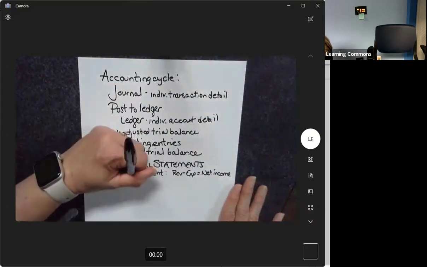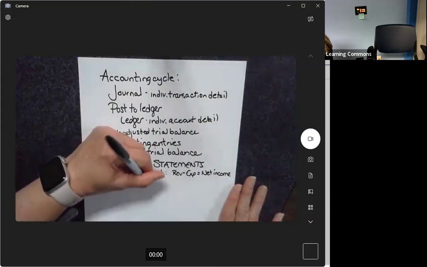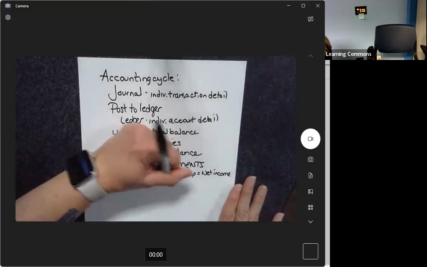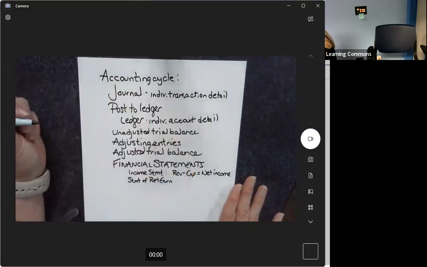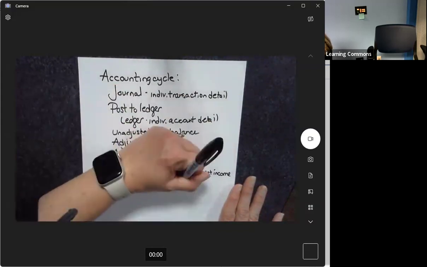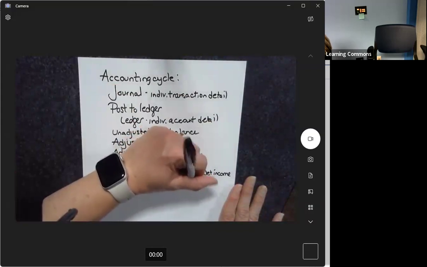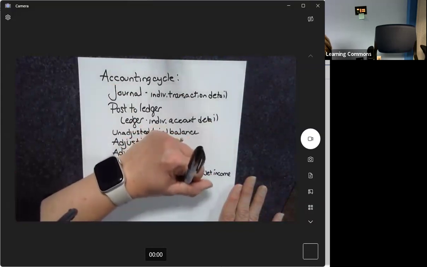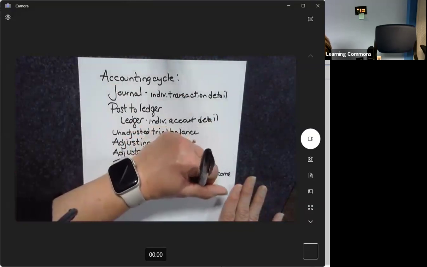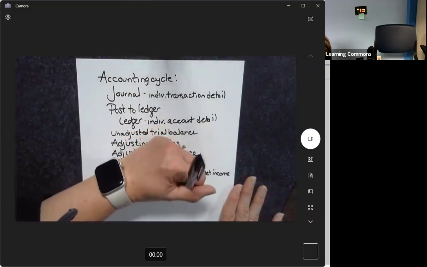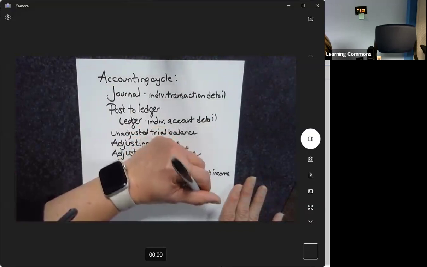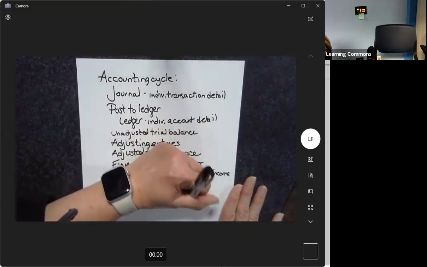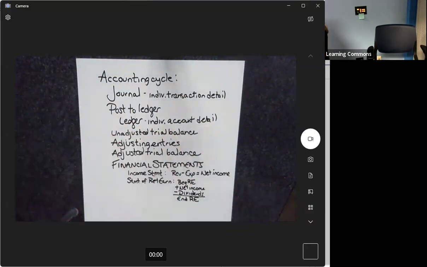After the income statement is a statement of retained earnings. For that one, we took beginning retained earnings plus net income minus dividends to get us to ending retained earnings.